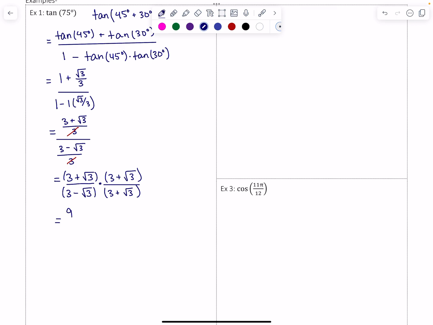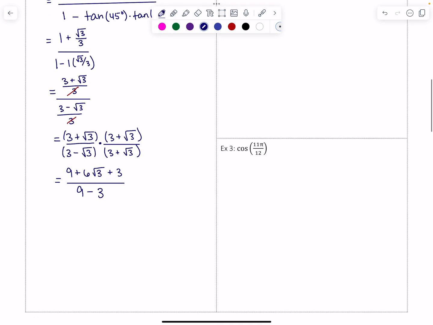On the top, we have 9 plus 6 square root 3 plus 3, all over 9 minus 3, because it ends up being a difference of squares on the bottom. All right, so we now have 12 plus 6 square root 3 all over 6.